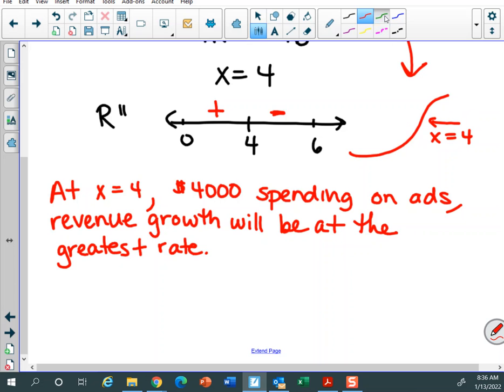In economic theory, once we're up here, it's not that we're not growing, but we're just not getting as much return for the dollars invested. The dollars we're investing down here are giving us more return than the dollars we're investing up here. The dollars we're investing right around here are the most powerful.